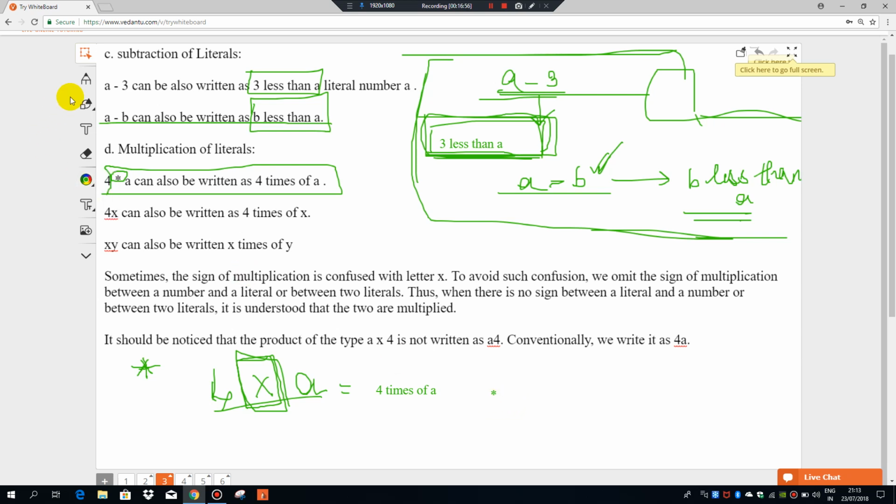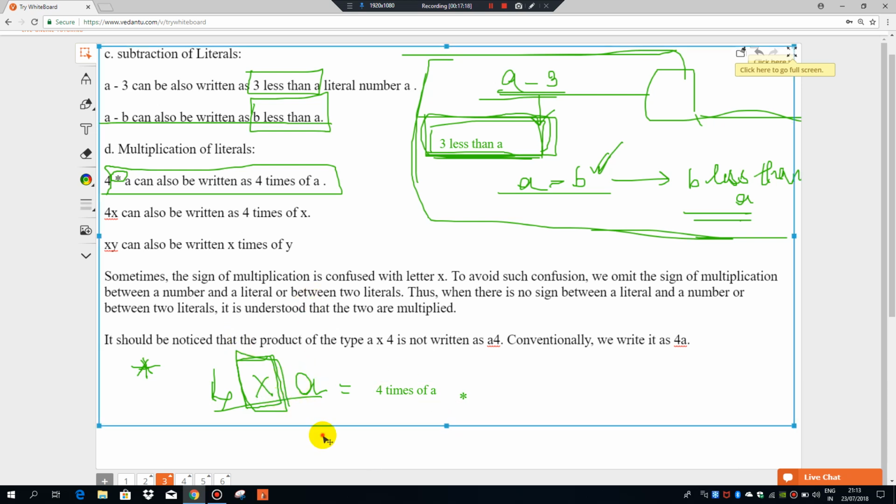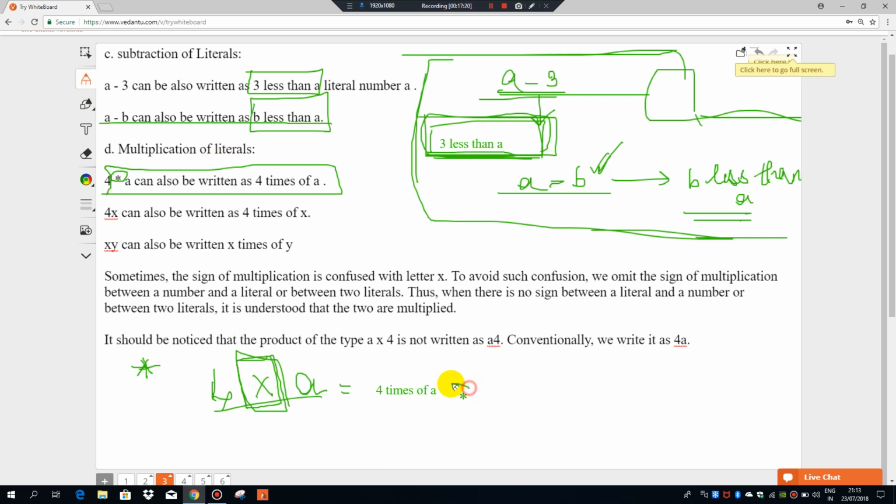This symbol can also denote multiplication, or we simply use the X on the keyboard, the small x. So 4 into A is 4 times of A.